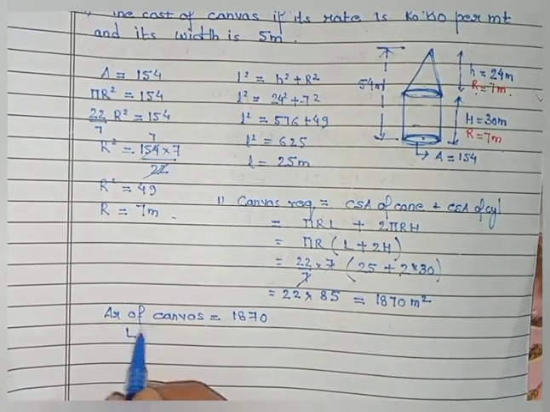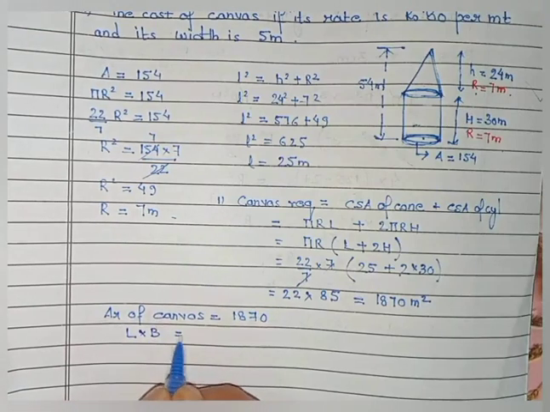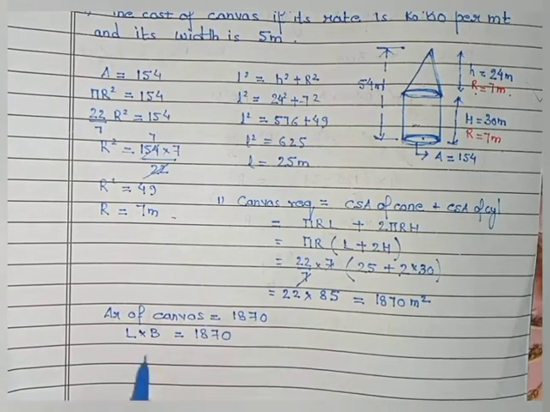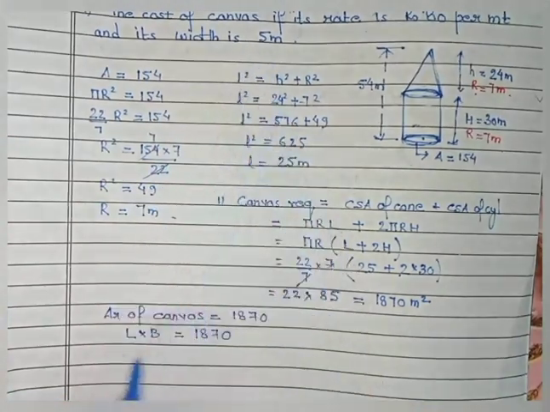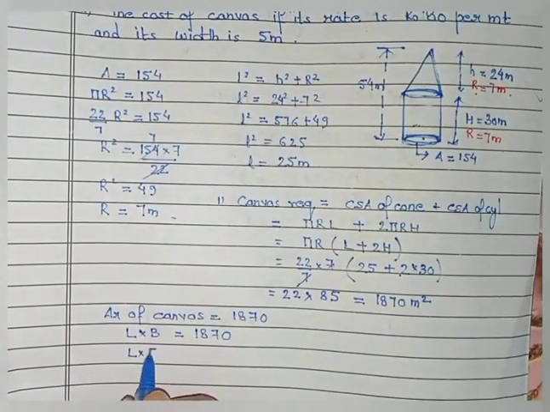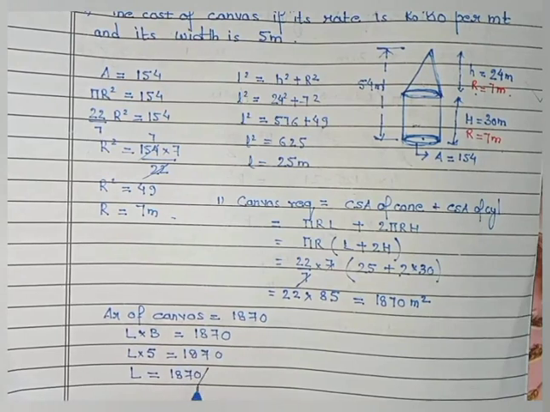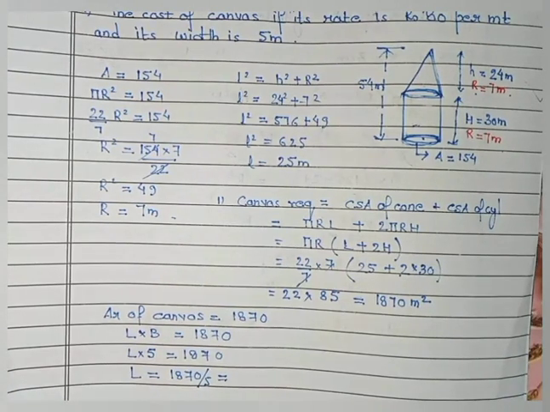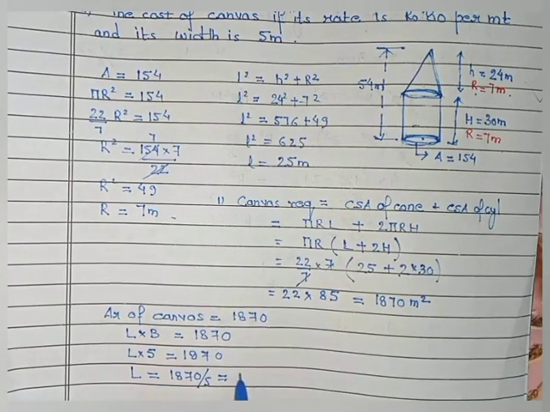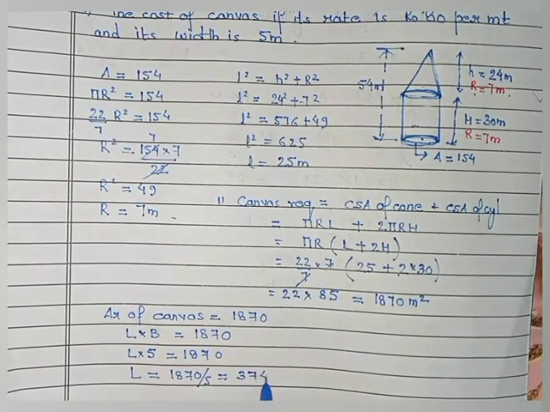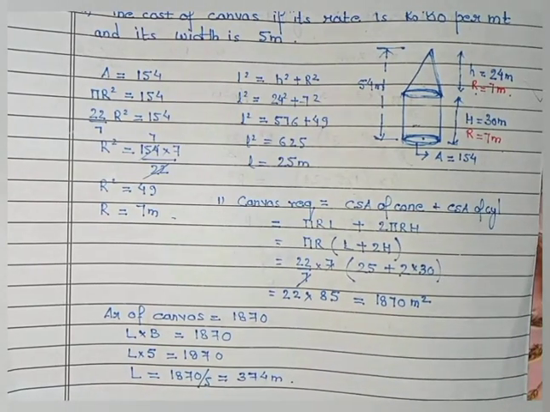It is length into breadth, and the width is given as 5 meter. From here you can get the length of the canvas. 1870 divided by 5 will give you 374 meter. That is the length of the canvas.